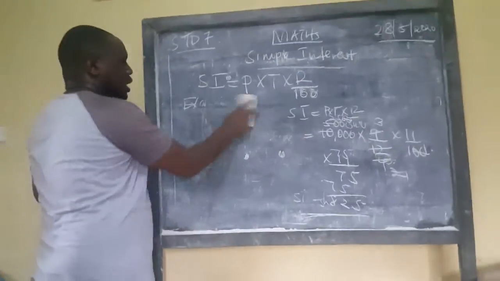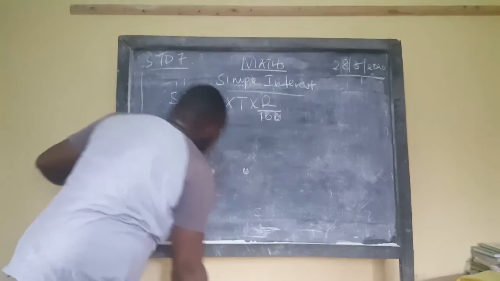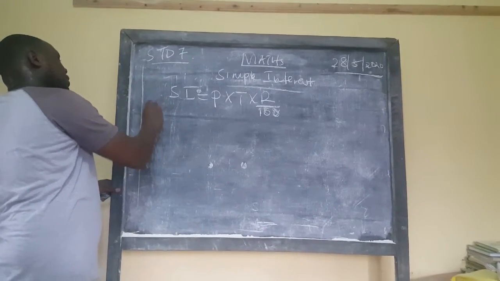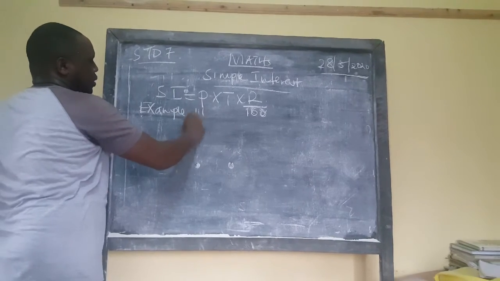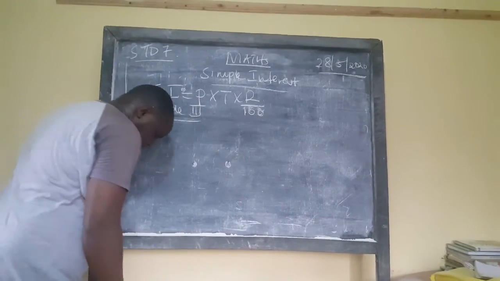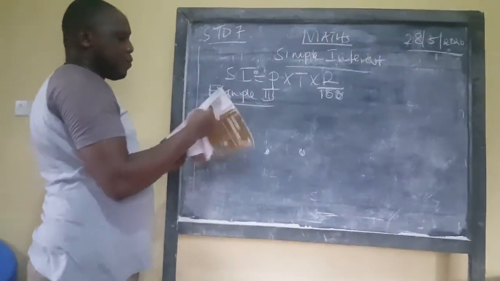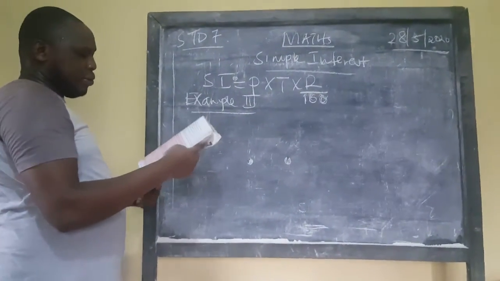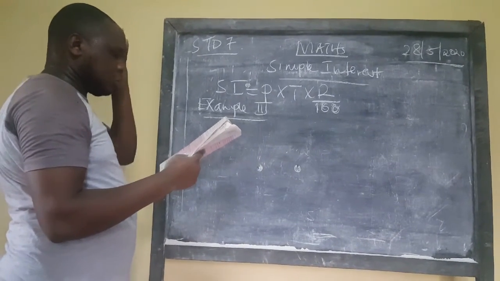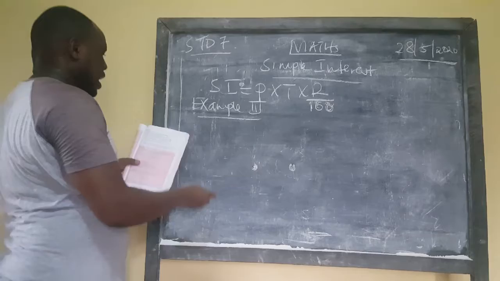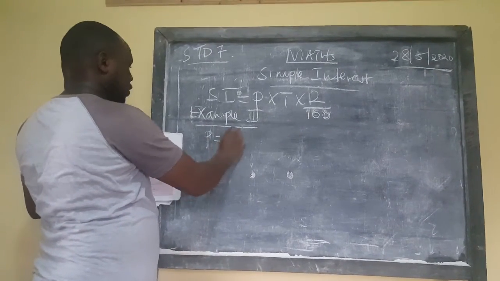Let's do another example. Example 3. Joanna borrowed 6,000 for a period of 9 months. Because that involves 9 months again, let me leave that, and go to a different one where a person borrowed 15,000.